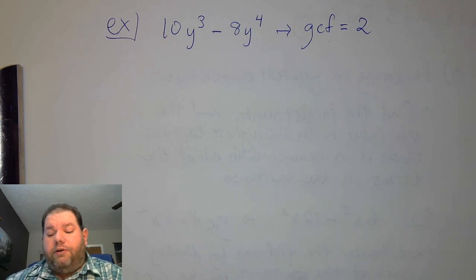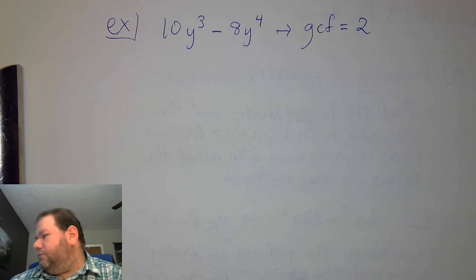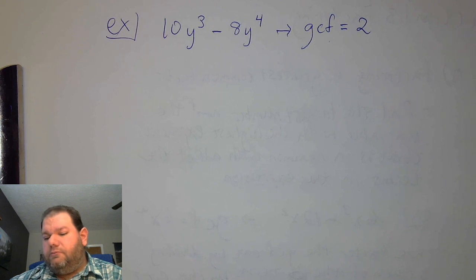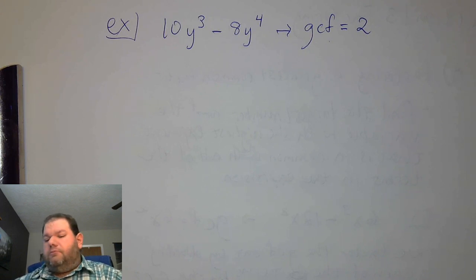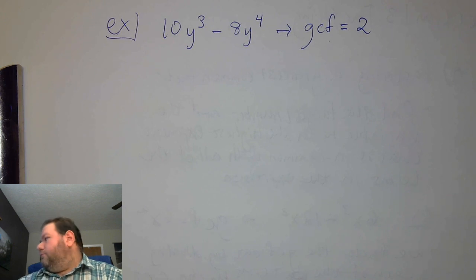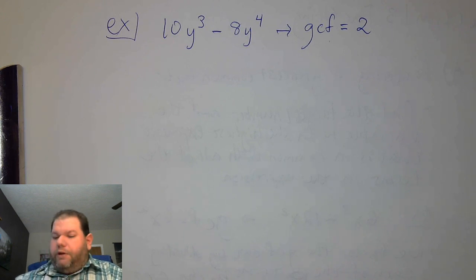And as far as y cubed and y to the fourth go, which of those will we choose to be part of our greatest common factor? Y to the third.